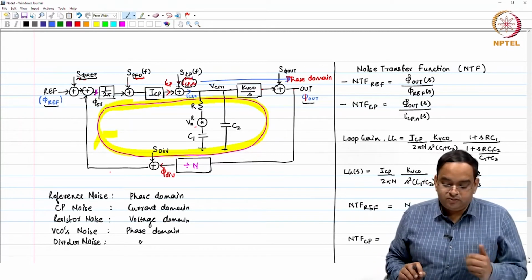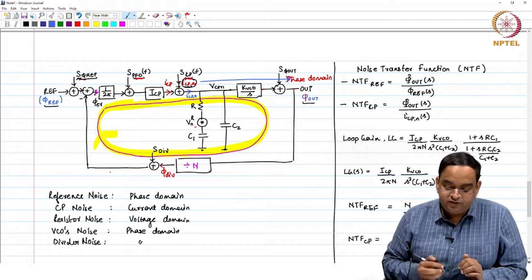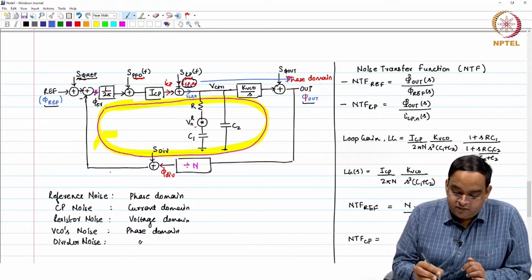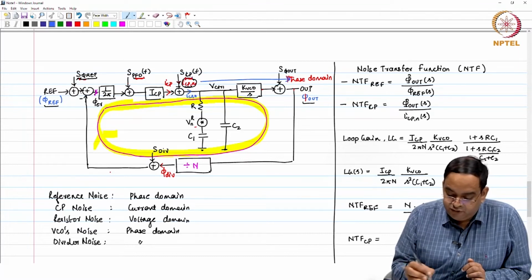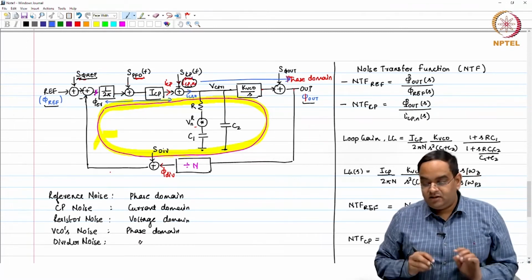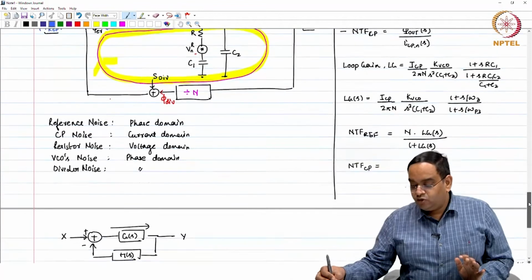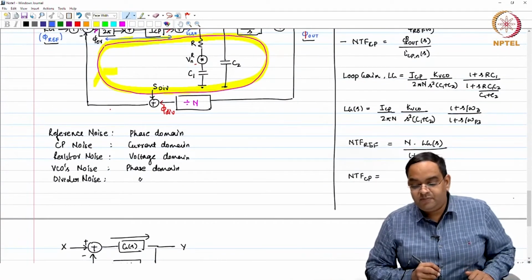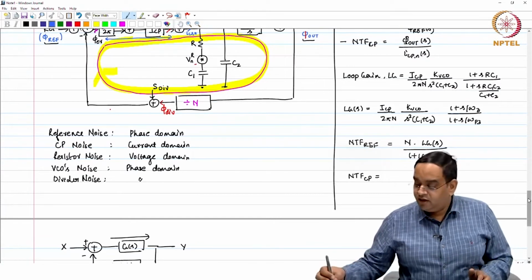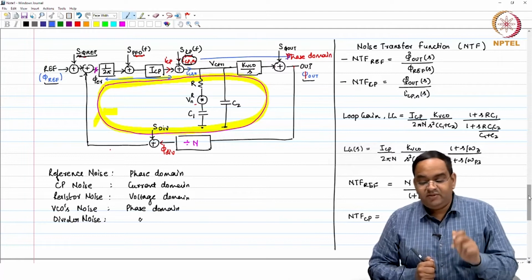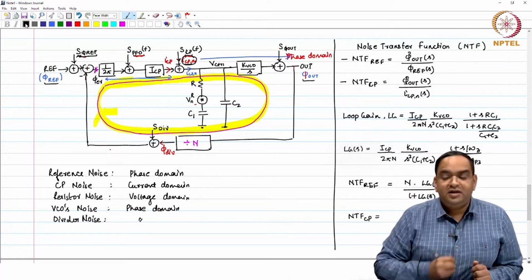Or you can also do it that way: before ICP you have an extra factor of ICP by 2 pi. That is the only extra factor, right. So, if from the forward path gain you remove that, then you will get the same transfer function as you get for the reference.